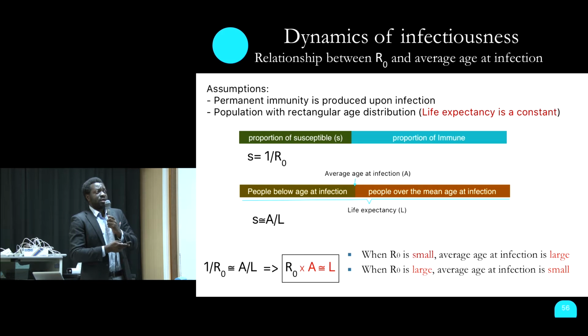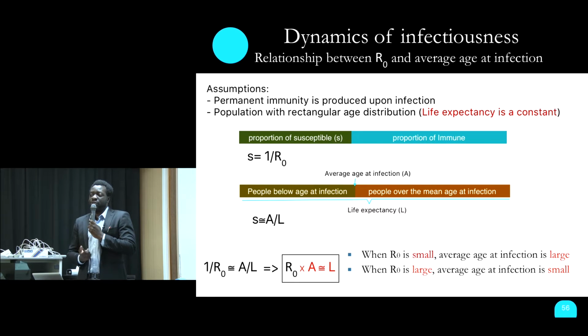In this slide here, we're trying to see the relationship between R naught and the average age at infection. So let's assume that the infection we are dealing with here gives immunity after infection, like measles.